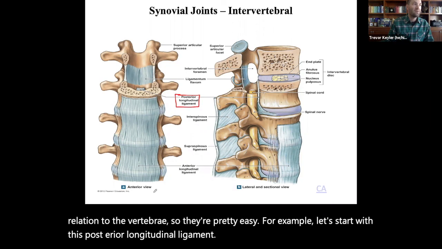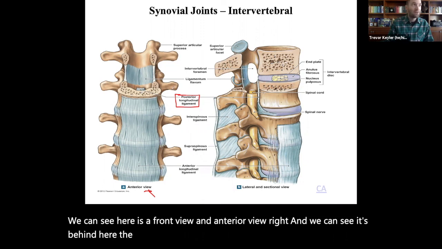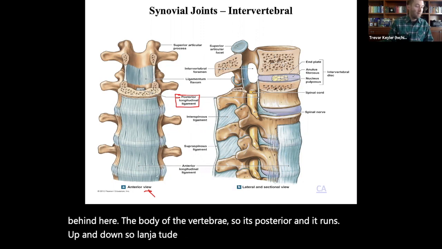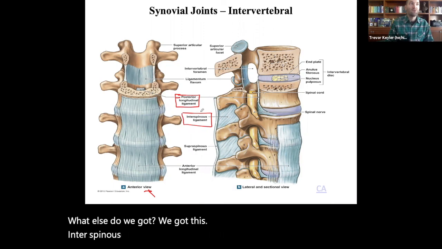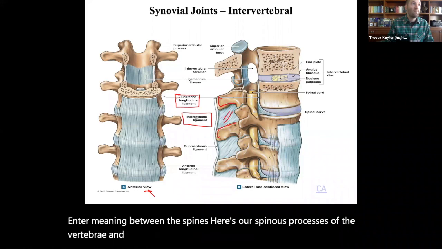Okay, we can see here's a front view, an anterior view, right? And we can see it's behind the body of the vertebrae. So it's posterior and it runs up and down, so longitudinally. What else do we got? We got this interspinous ligament. Inter meaning between the spines. Here are our spinous processes of the vertebrae, and it's found between them.